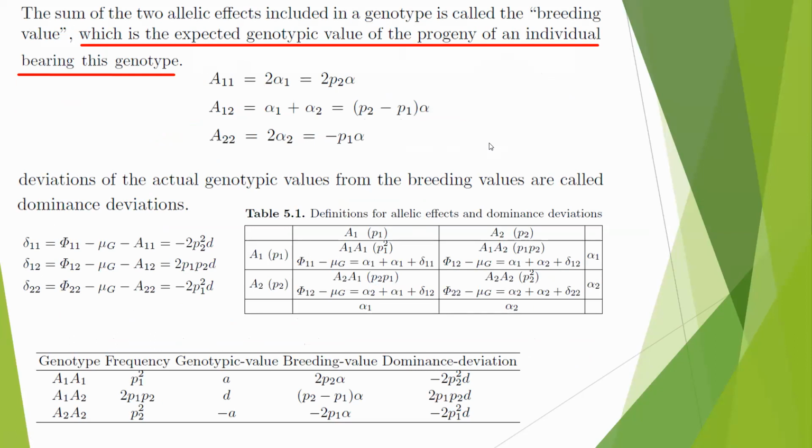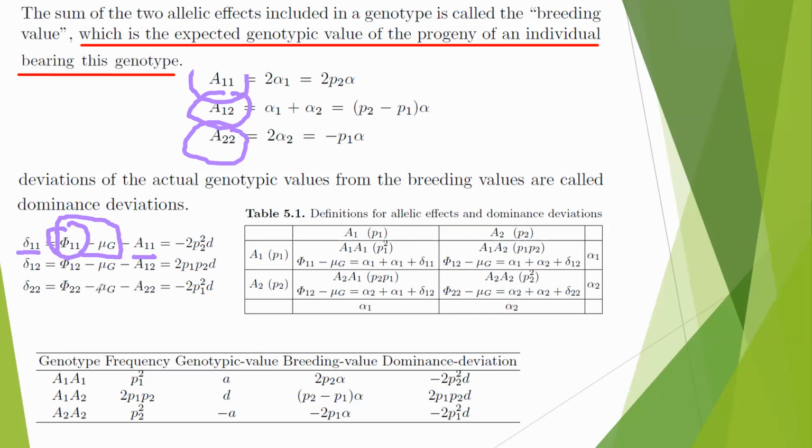That's the expected breeding genotypic value for these genotypes. The difference between the observed genotypic value and this breeding value, the expectation, will be called the dominance deviation, and this part is actually the nonlinear part.